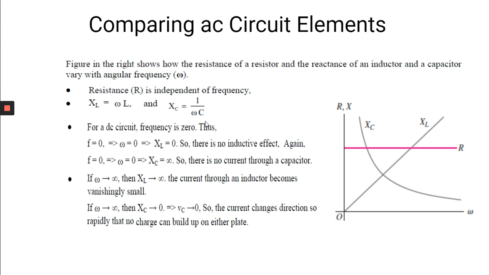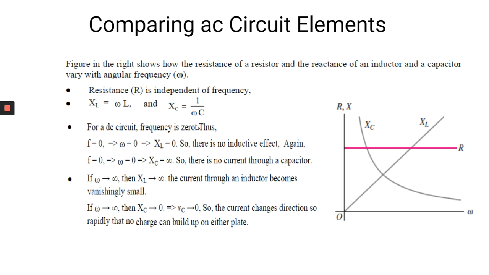Now the mathematical definitions. L stands for inductance, so inductive reactance is XL. In the last lecture we discussed this: XL is omega times L, and XC is 1 by omega C.